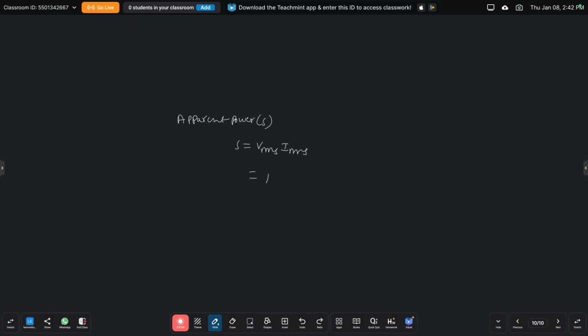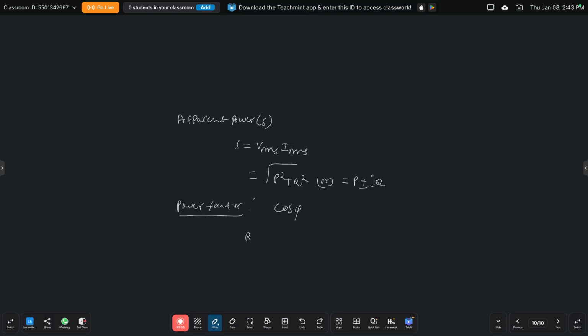So simply you can write under root P square plus Q square, or S can be also written as P plus or minus jQ. Then the power factor. The power factor plays a very important role. Now how do we define the power factor? The power factor is the cosine of the angle between the voltage phasor and the current phasor in an AC circuit, and we denote the power factor with cos phi.